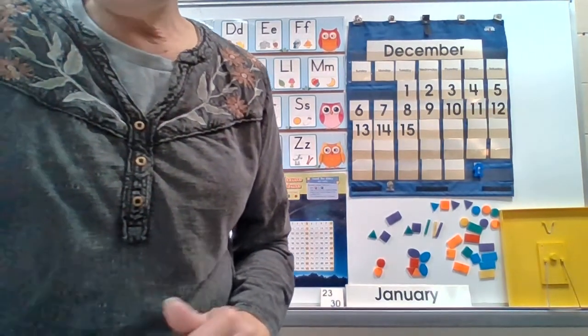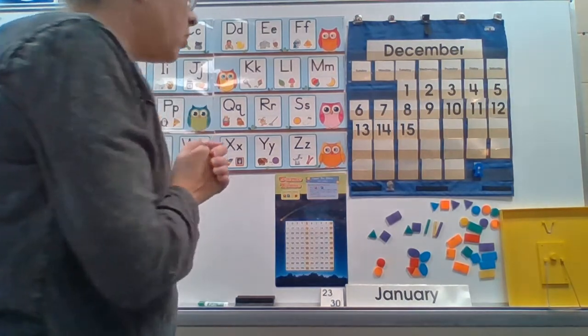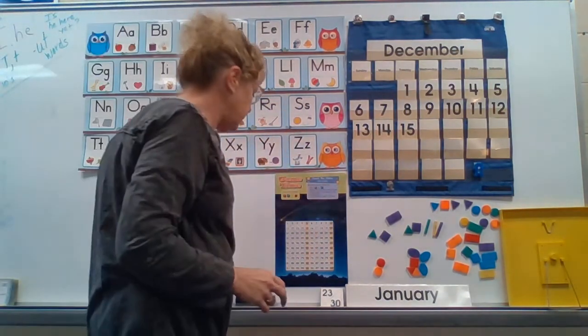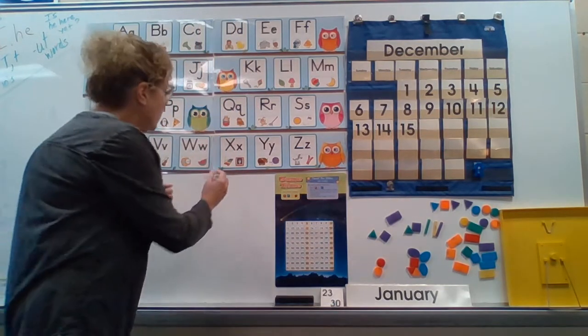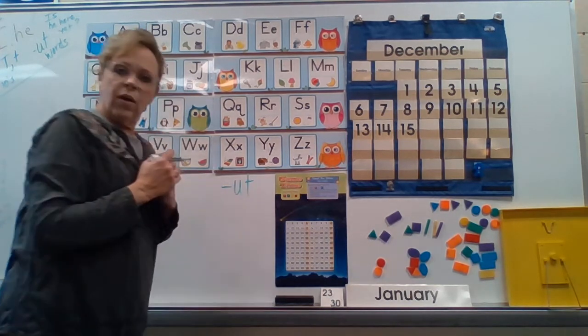All right, let's see. Today we're going to talk about those UT words. That's our new word family, UT. So we're going to talk about words that end with UT, and we're going to add a letter at the beginning. Oh goodness, what could we add?